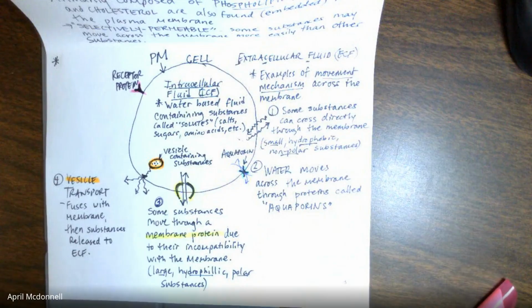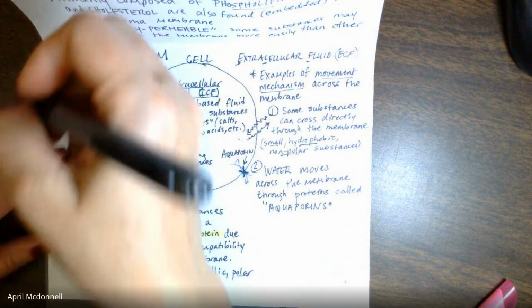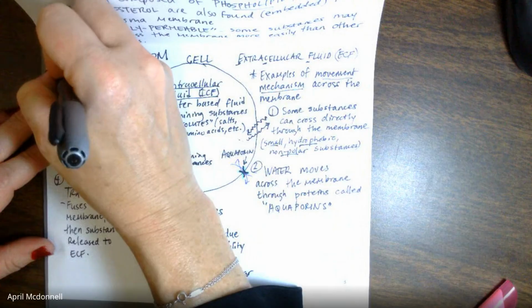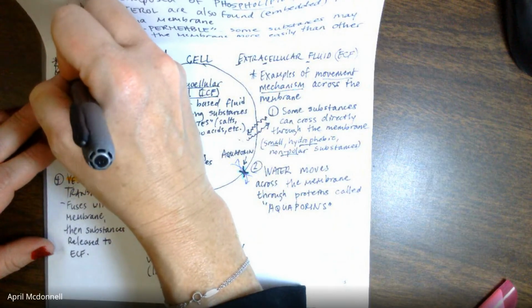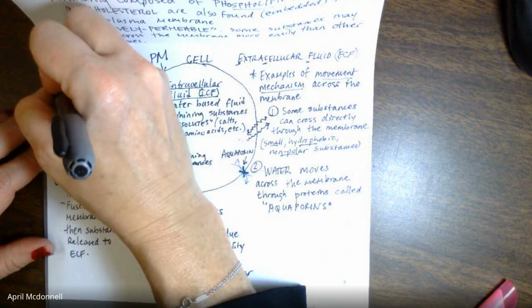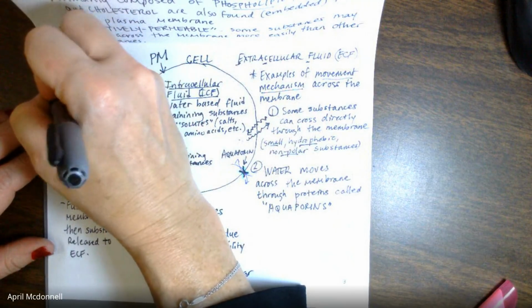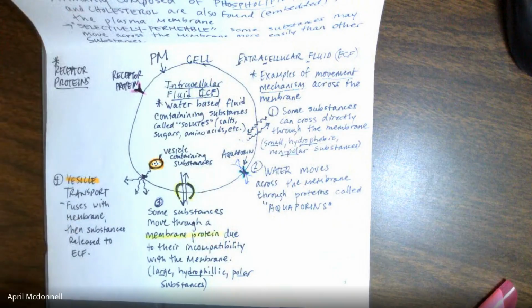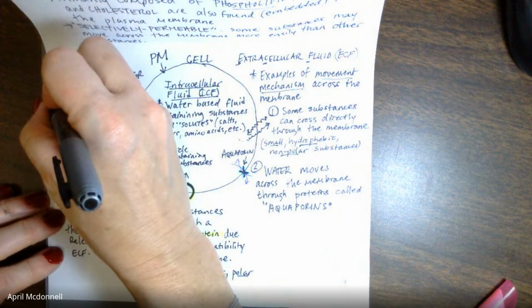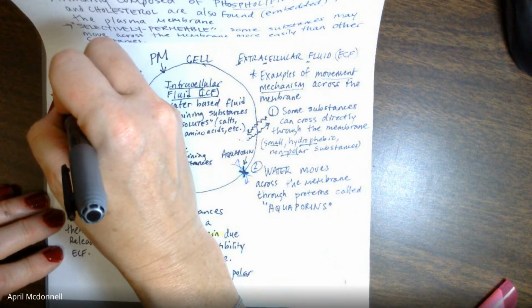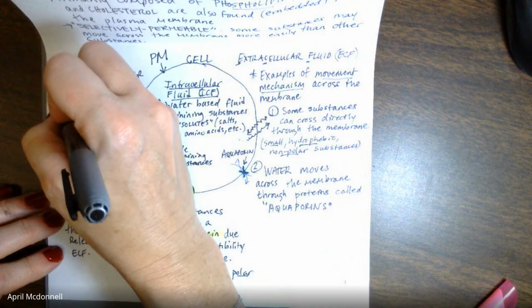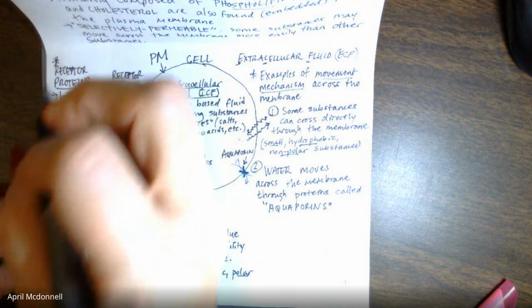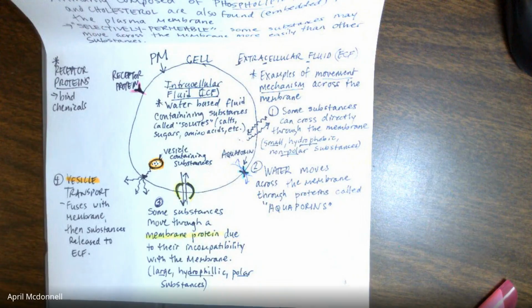Let's talk about one function of a receptor protein. Receptor proteins may have many functions, but its primary function is to bind chemicals to the receptor portion of the receptor protein.